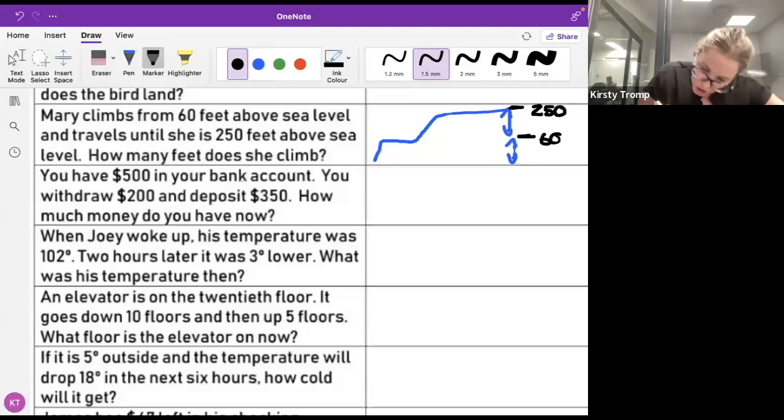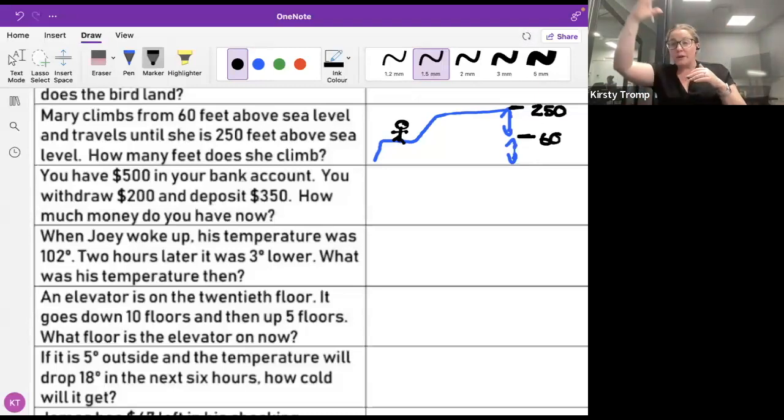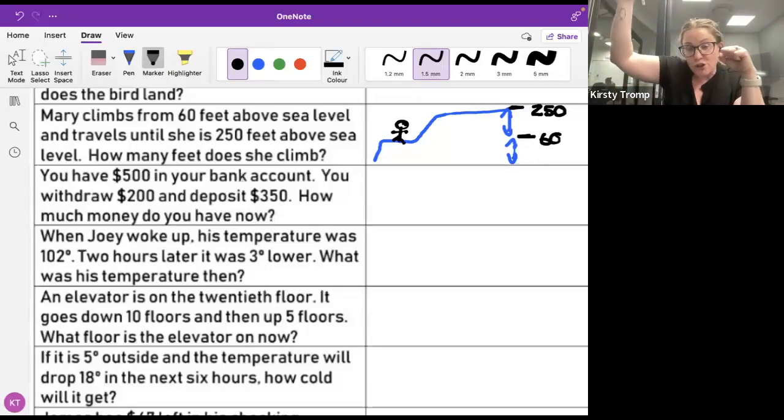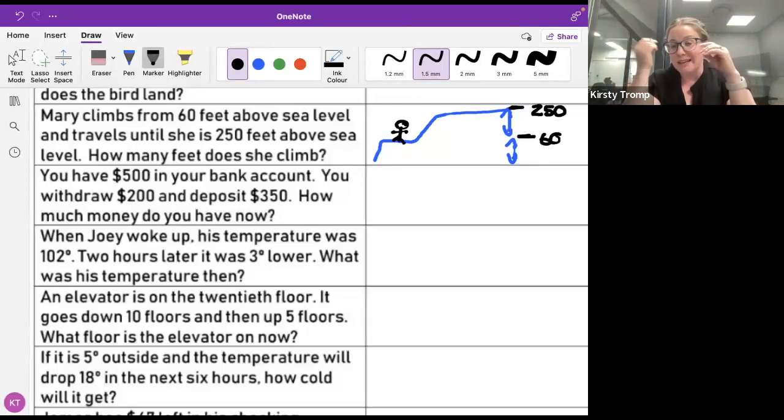When Mary starts, she starts at 60 feet. So she started when she was already at 60 feet, and then she climbed all the way up to 250 feet. So they're saying, how many feet did she climb? She started at 60 and she got to 250. So we need to put that into a maths sum now.